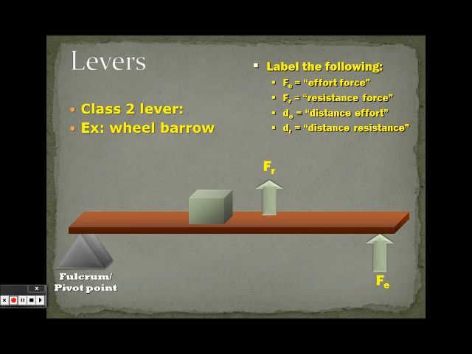Now, where would the distance resistance be? It's always from the fulcrum to the load. Very good. The distances always have to start at the fulcrum. All right, what is your distance effort going to be? From the load to FE, is that starting from the fulcrum?